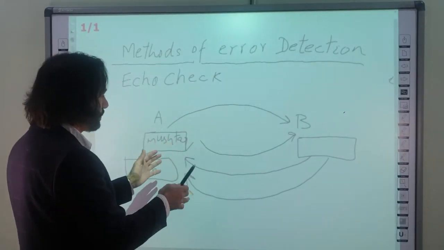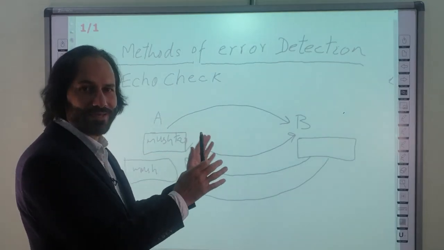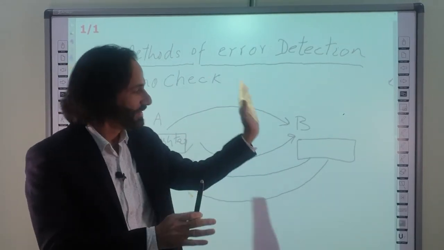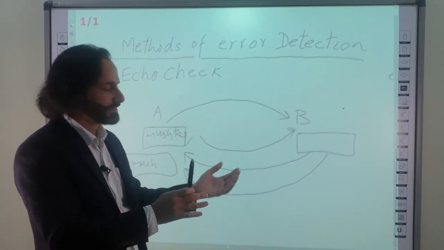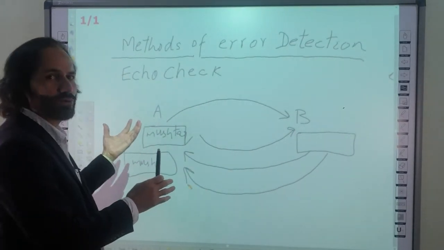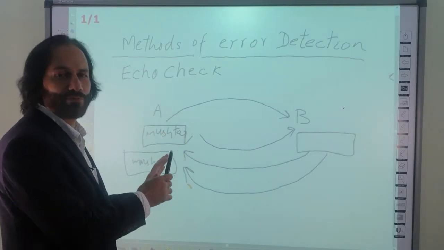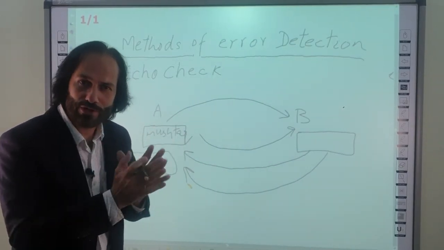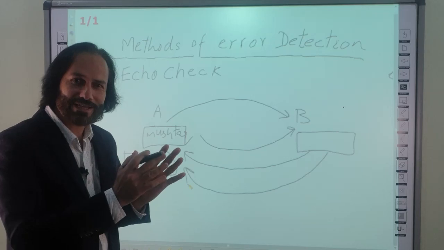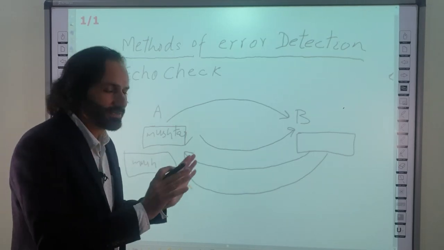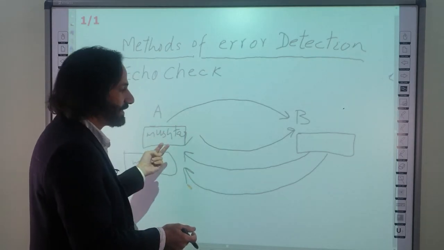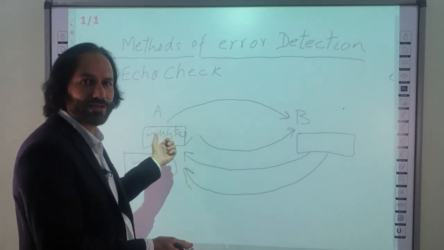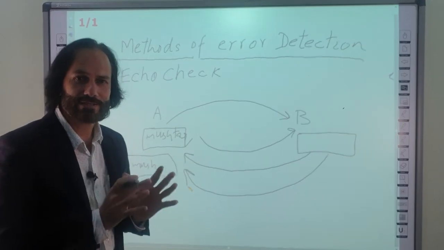Whatever data is sent by computer A to computer B, B doesn't do anything except send the same data back to computer A, asking computer A to check both the copies. If both the copies are the same, the data has been received correctly. If both the copies are different, send this data once again. So this is echo check.